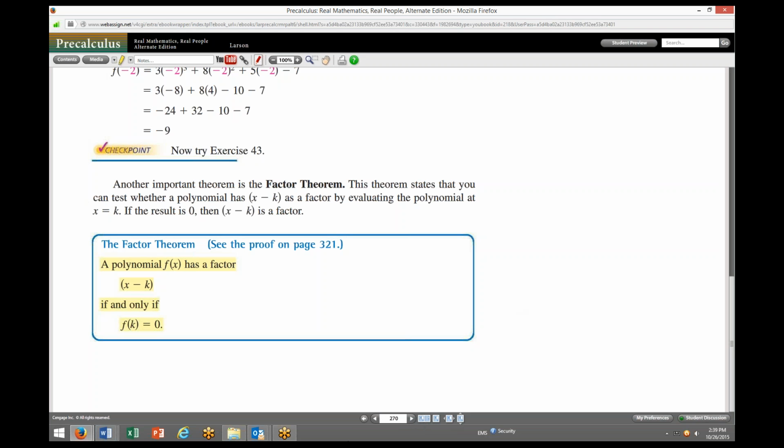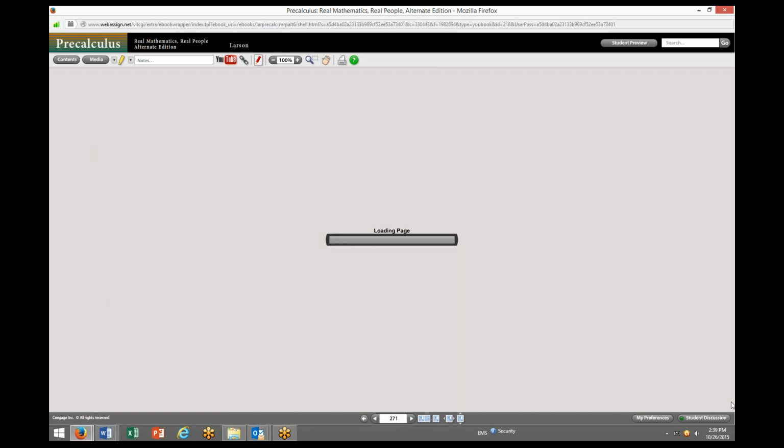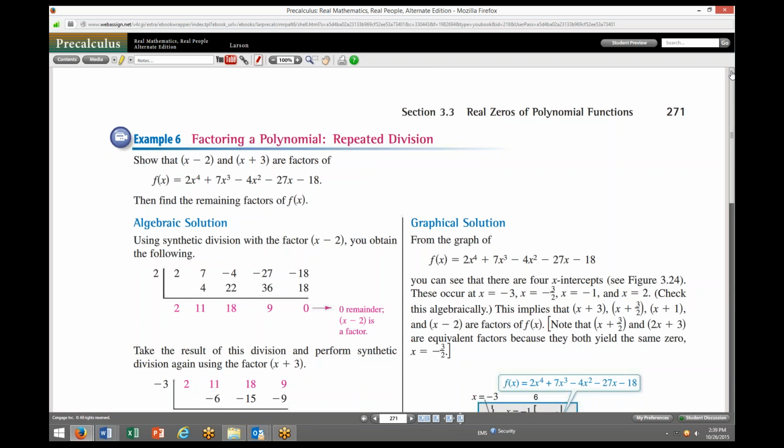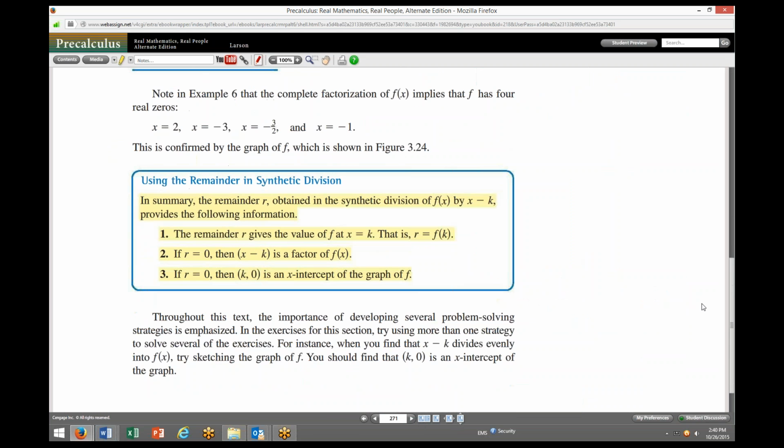And we can use all these things in finding the zeros and finding the factors of polynomial functions. So for instance, if you're using synthetic division, you're trying to test various numbers to see if they're zeros of a polynomial function, you can just do the synthetic division with your potential 0 numbers as x values.